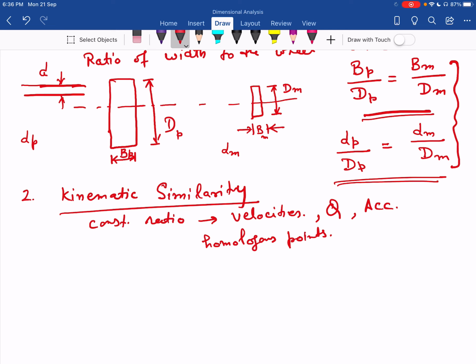Because their directions and angles are the same, we can say the velocity triangles are similar for model and prototype.